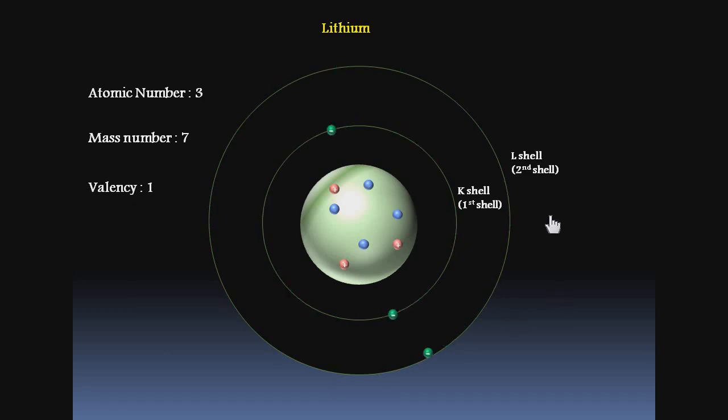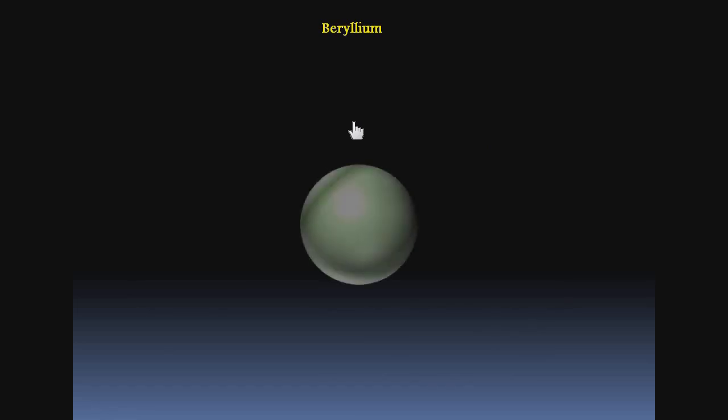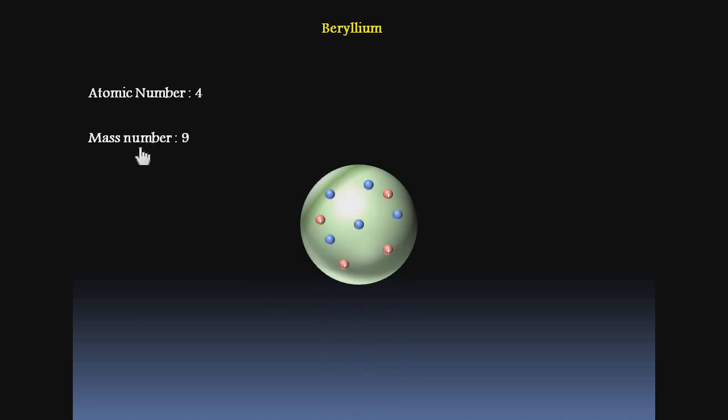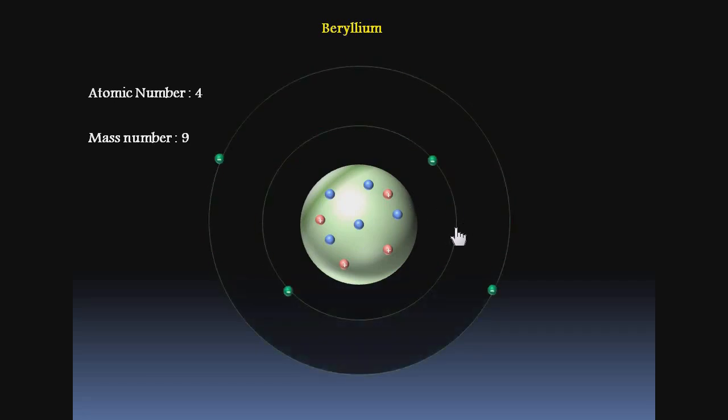Now the fourth element is beryllium. It has 4 protons, hence atomic number is 4. It has 5 neutrons, so mass number is 9, because number of nucleons is 9. It has 4 electrons, 2 are revolving in the K shell and 2 are revolving in the L shell.